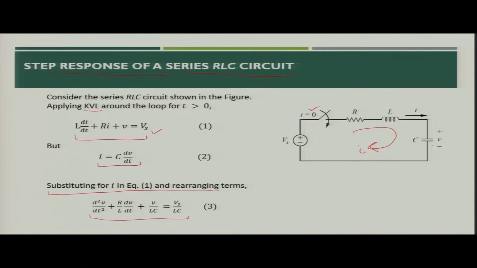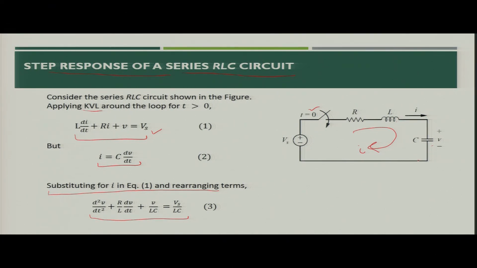If you see the figure, when you keep this particular switch on for a very long period, what will happen? In that case, your inductor will act as a short circuit. So, the total voltage applied across the capacitor will be equal to the source voltage, because after the capacitor is charged to its full value, your current i will also be 0.